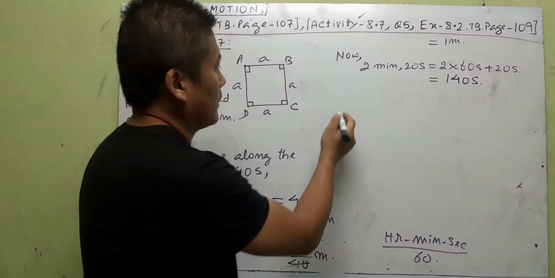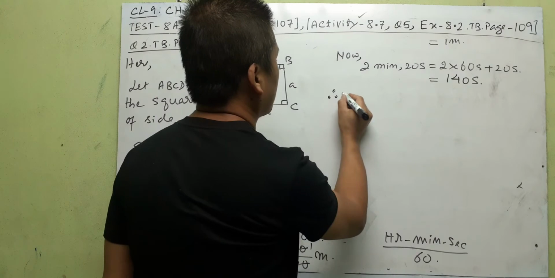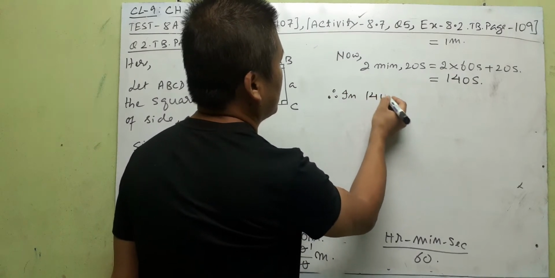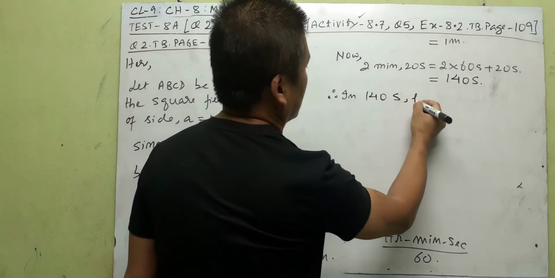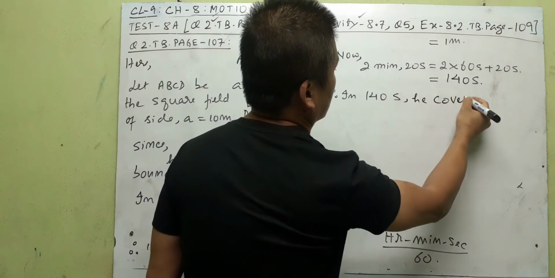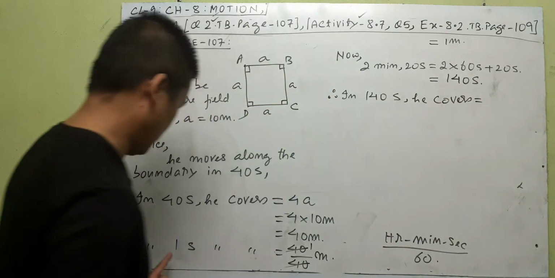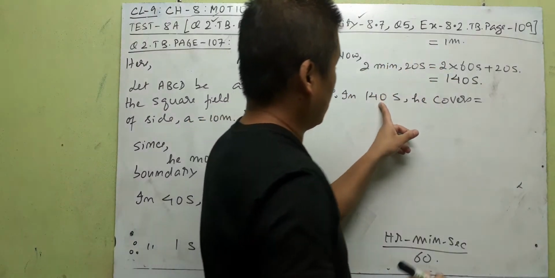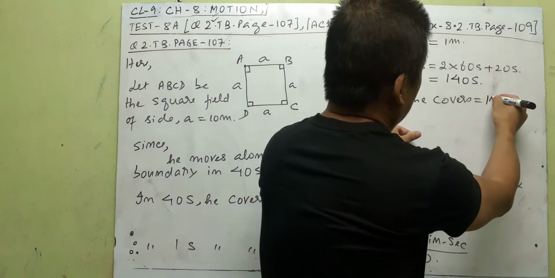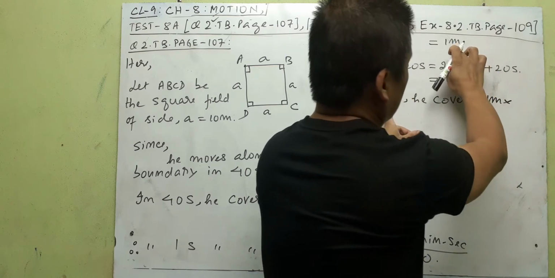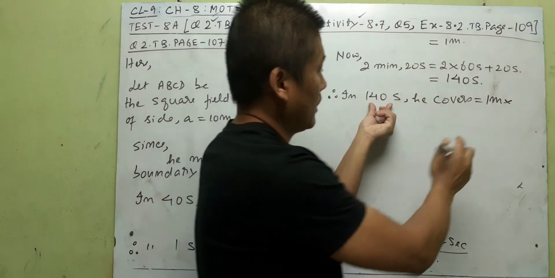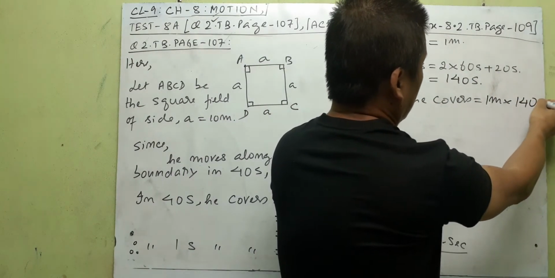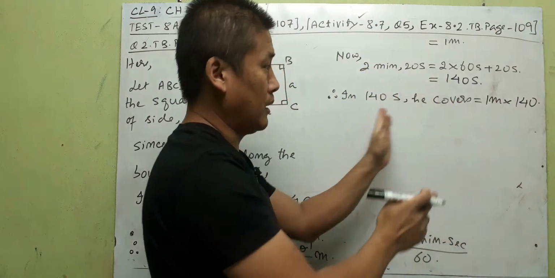So let us just write here, therefore in 140 seconds he covers how much distance? Equal to, in 1 second he covers 1 meter. So in 140 seconds he'll cover this 1 meter distance covered in 1 second multiplied to this 140. And we cannot bring this second, only the number, right?